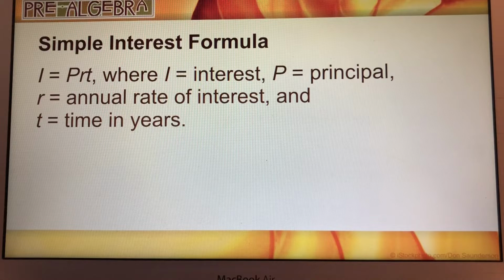The bank charges interest, and so by the end of the period, I would have to pay back the $10,000 plus the amount of interest that the bank charges. It's like a fee that the bank has to charge for borrowing that amount of money.